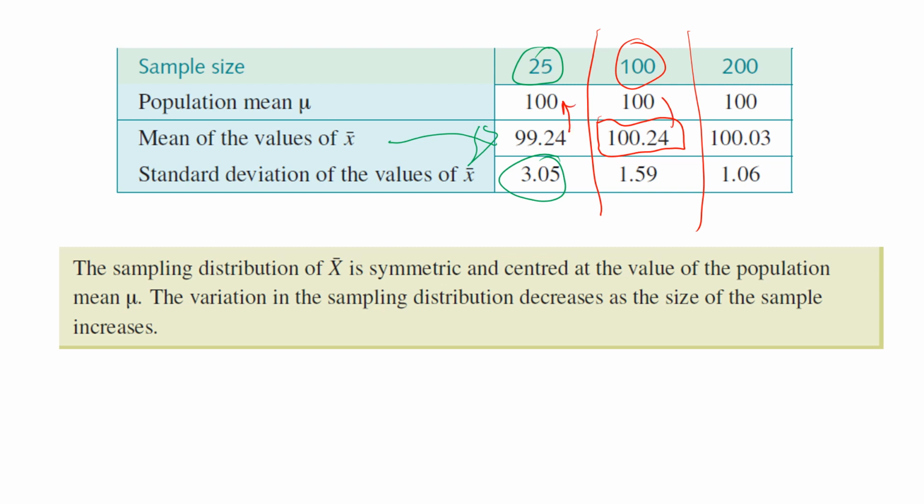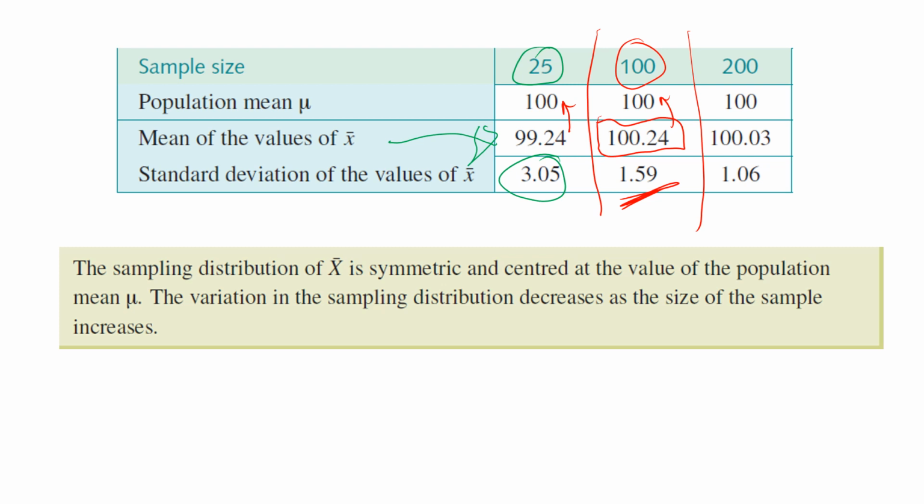This is now differing by 0.24. So it's closer and closer to the population mean. Furthermore, you can see that the standard deviation across that sampling distribution is narrower. So there's less spread, and more clustering around the center of the distribution.